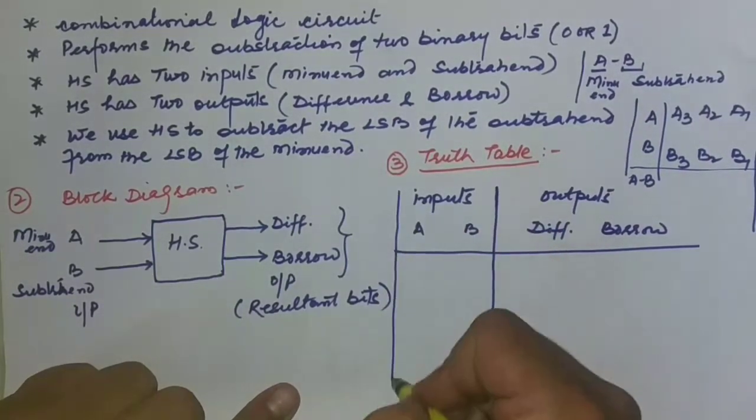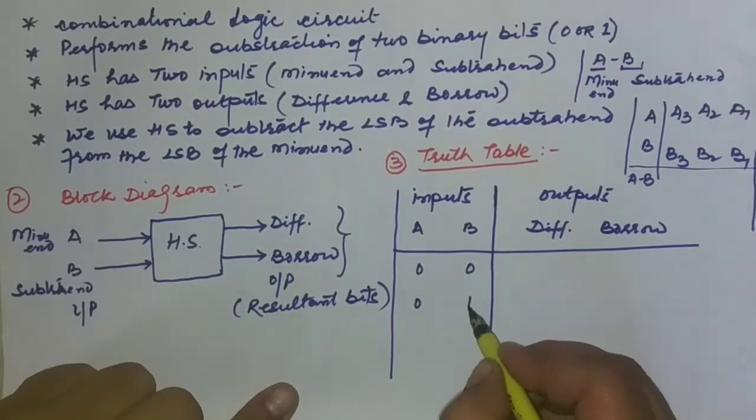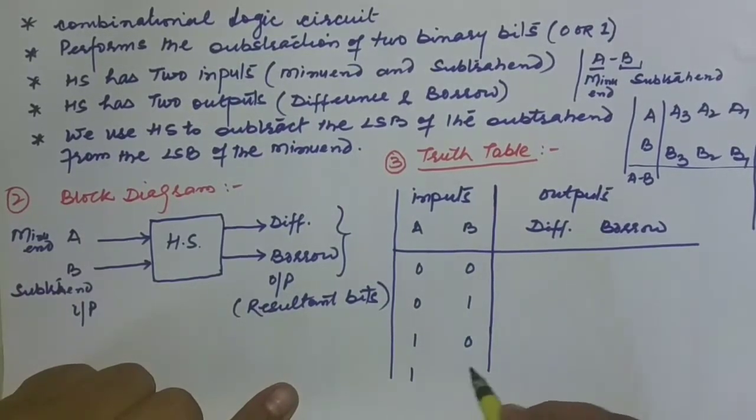If there are two inputs, then there can be four combinations: 0 0, 0 1, 1 0 and 1 1.